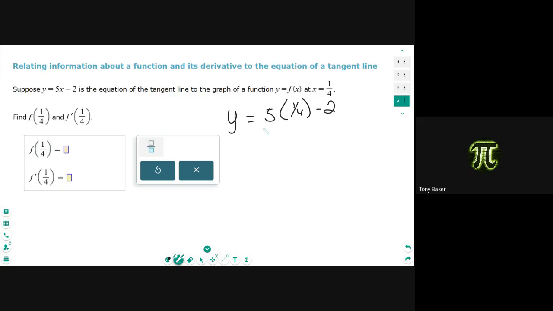So 5/4 minus 2 is -3/4. Does that concept make sense? Yes, no? Good. Okay.